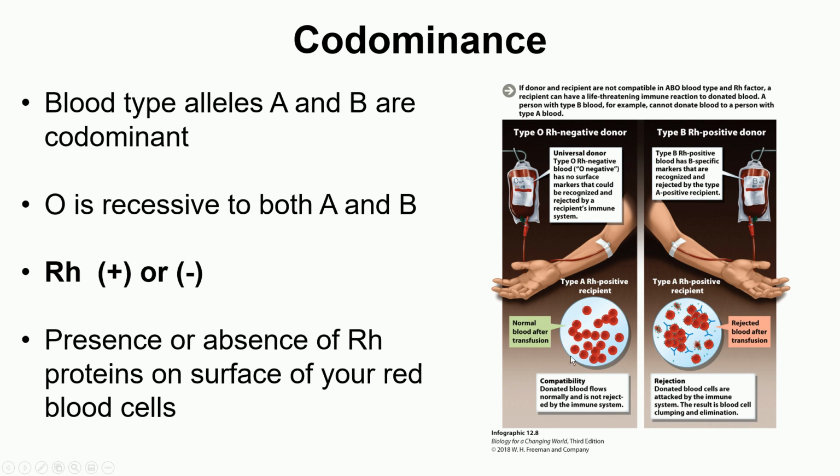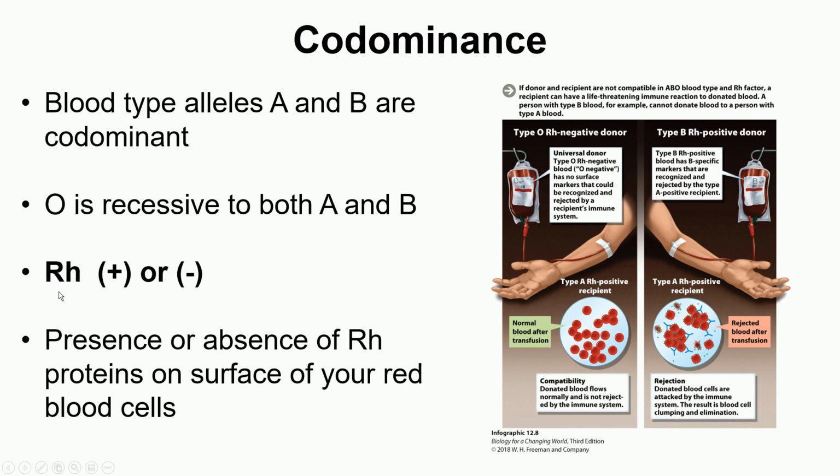Suppose this is a blood type. The recipient is type A, Rh positive. Rh positive means there is one more antigen, which is called the Rh factor. So we have blood type A, blood type B, blood type AB, blood type O. And then there is the presence of another antigen called the Rh factor.